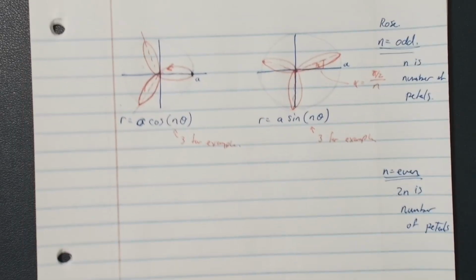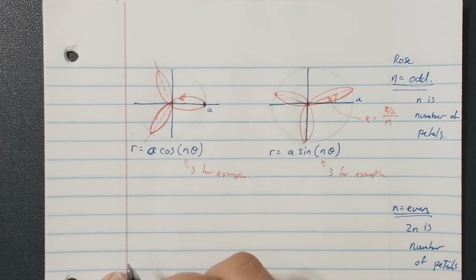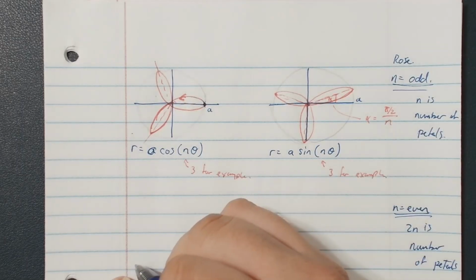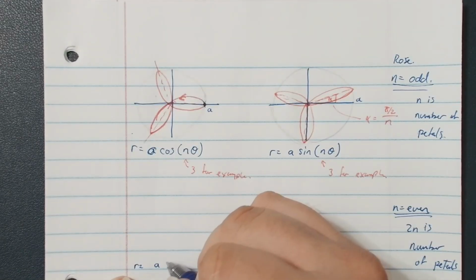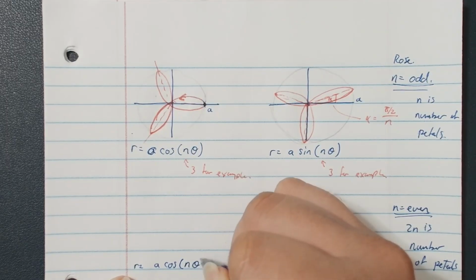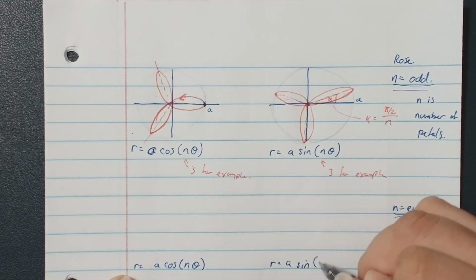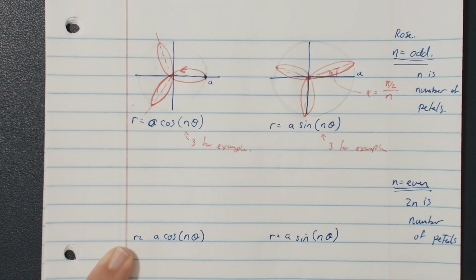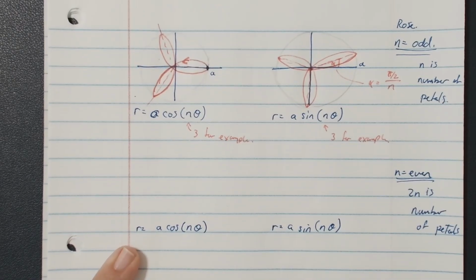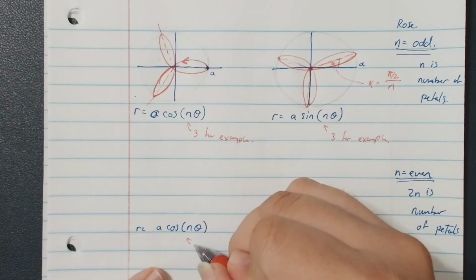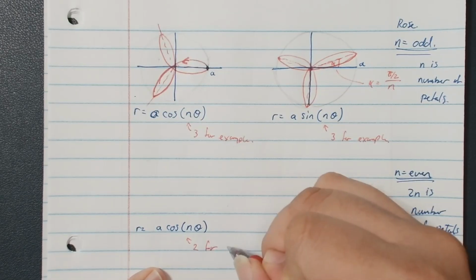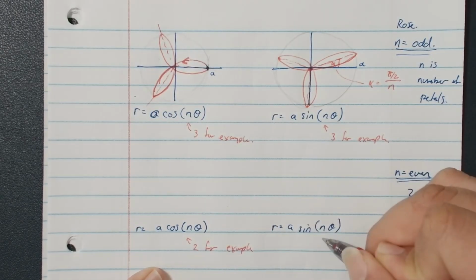Those are going to have the same equations. They're going to be r equals a cosine of n theta, and over here there will be r equals a sine of n theta. Like that. And for my example, I think I'll just use the number 2. So this is 2 for my example, and same thing for this one.